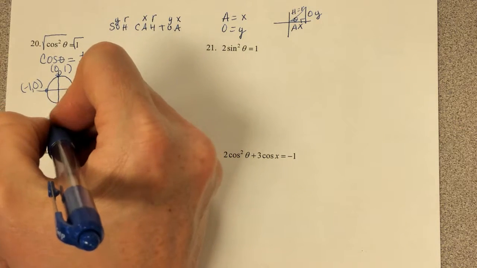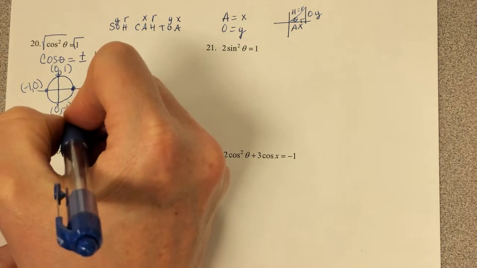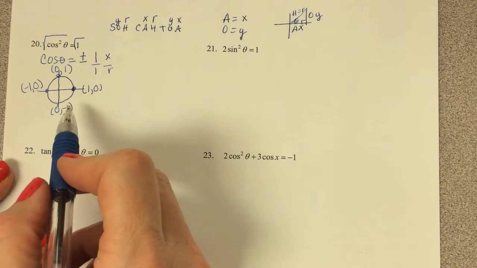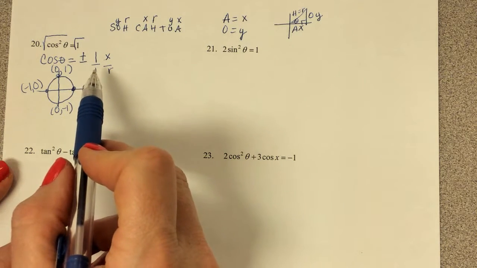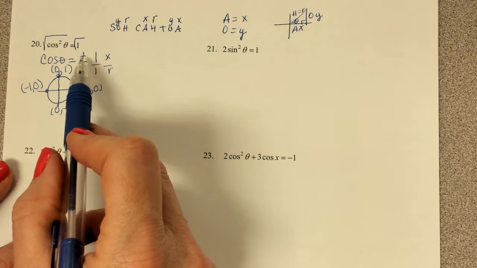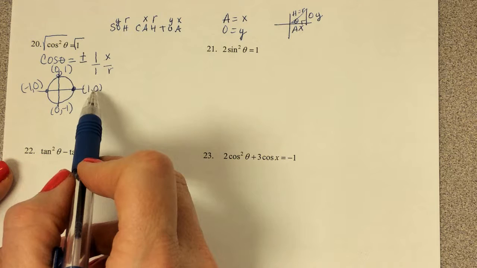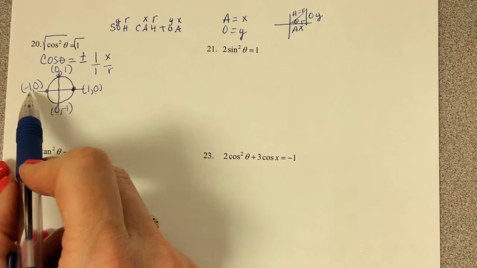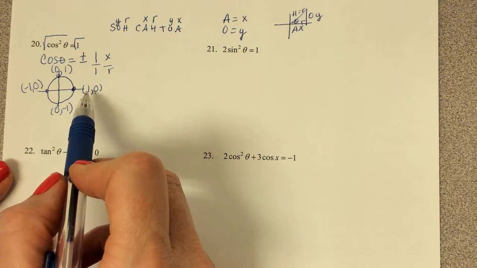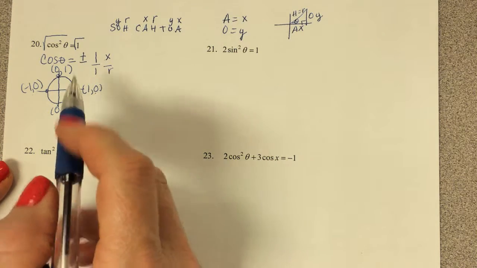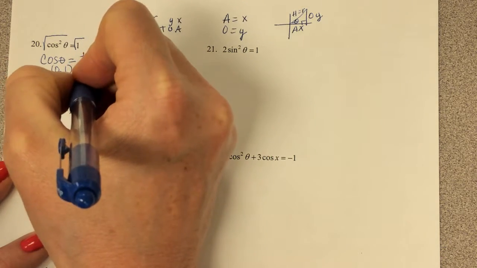And this point is over 0 and down 1. All right, so now the question is, where is x either positive 1 or negative 1? So look at these. Here's one place, 2 place, 3 place. Are there places where x is either positive 1 or negative 1? R is always 1 on this unit circle.